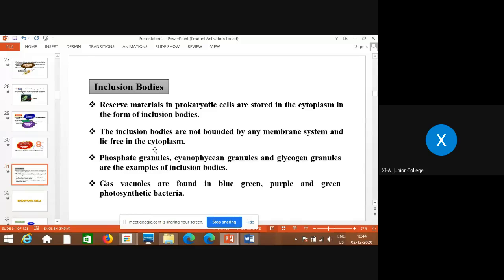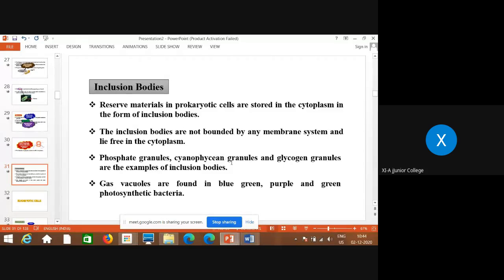So these are some of the examples of inclusion bodies. They are nothing but storage houses, meant for temporary storage purposes.